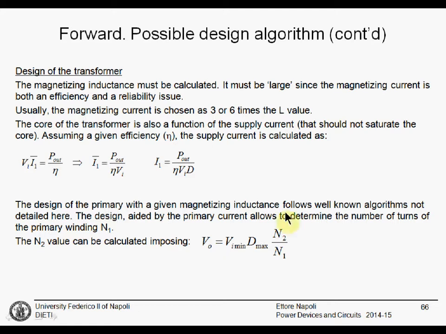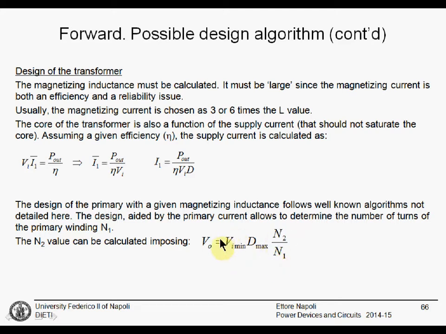Once you know the number of turns, this design will tell you also how many turns you need for the primary winding, N1. Now you can calculate N2. This is the last thing that you need, and you can calculate it imposing that the output voltage will be equal to VI multiplied by the duty cycle multiplied by N2 divided by N1.